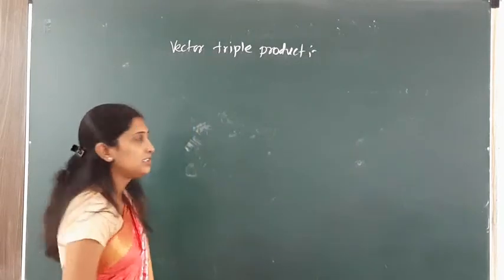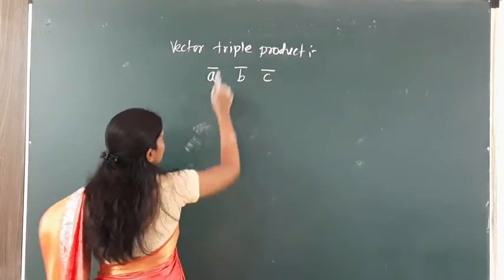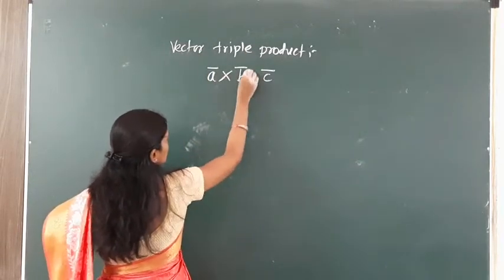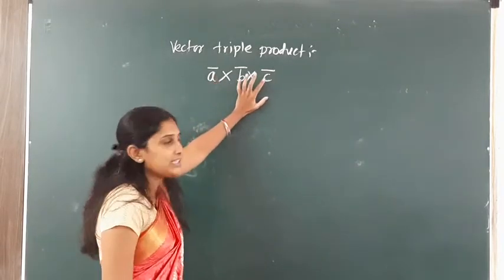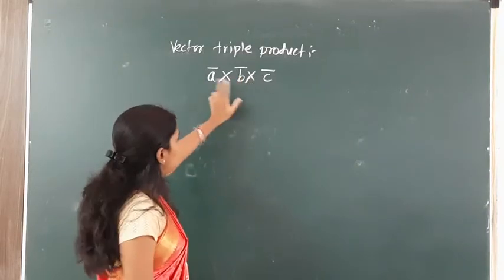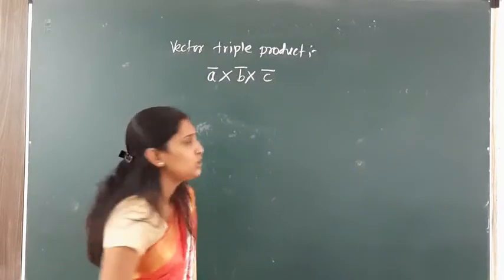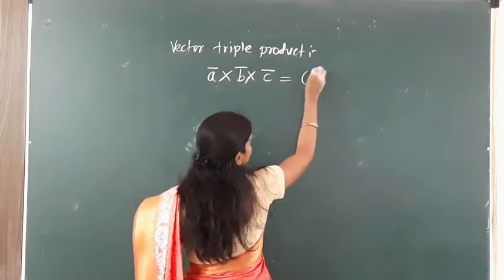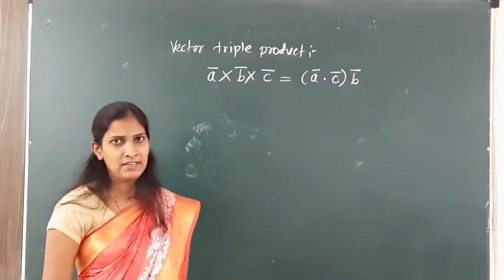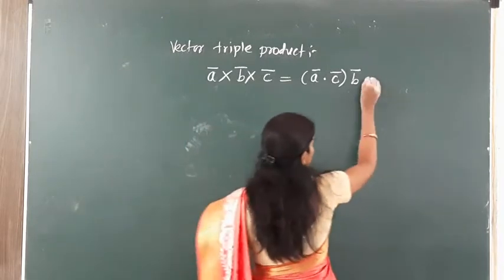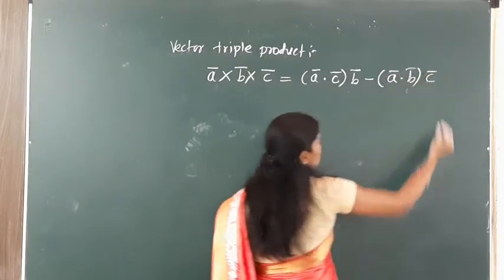Vector triple product. Suppose there are three vectors A bar, B bar and C bar, and its vector product, that is, its cross product, is A bar cross (B bar cross C bar). Here it is the cross product of three vectors, so we call it the vector triple product. And its value is (A bar dot C bar) into B bar minus (A bar dot B bar) into C bar.